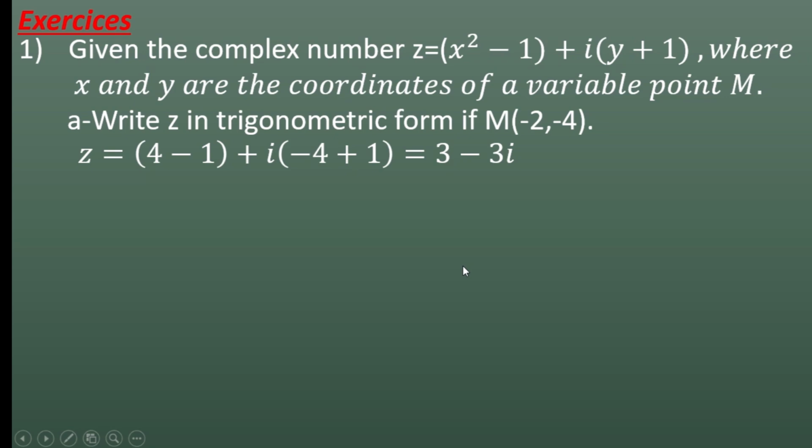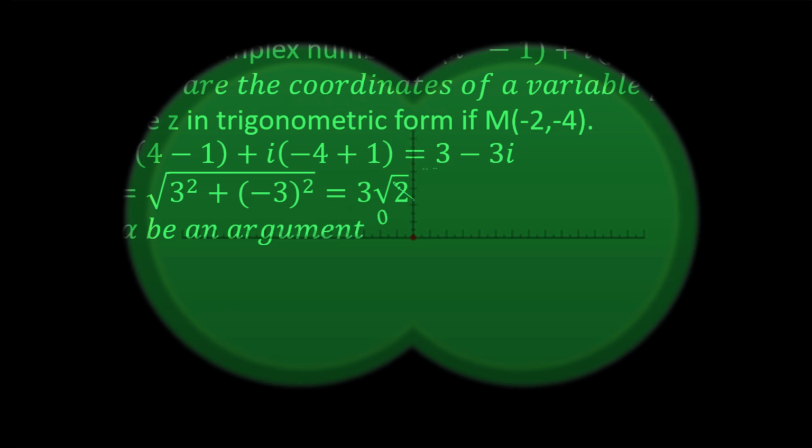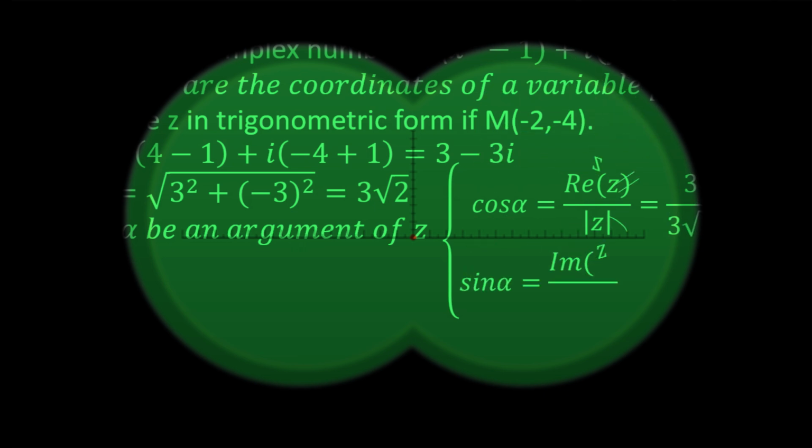How to write z in trigonometric form? We have to calculate its modulus and its argument. Modulus of z equals radical of 3 squared plus minus 3 squared, equals 3 radical 2. If alpha is an argument of z, then cosine alpha equals how much? Real over modulus, and sine equals imaginary over modulus.